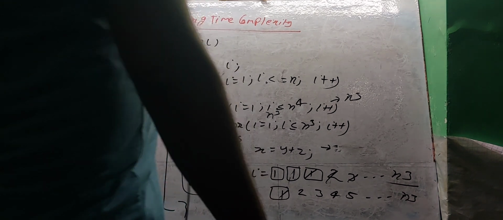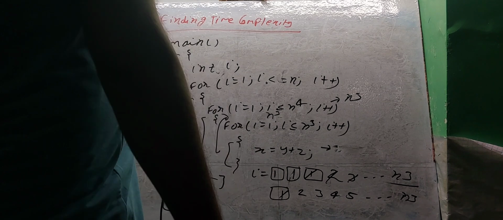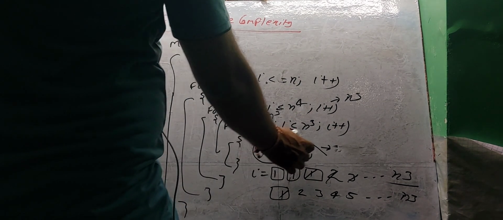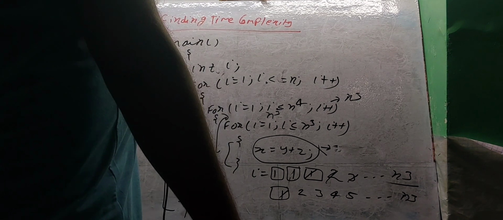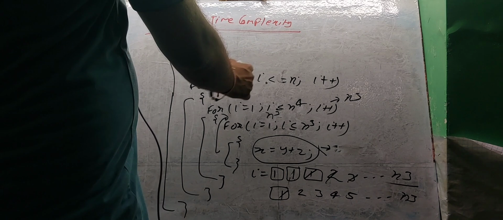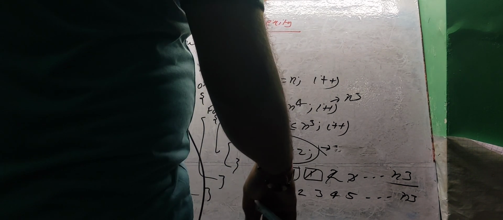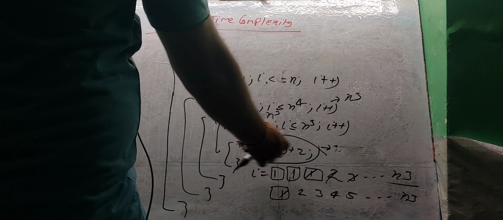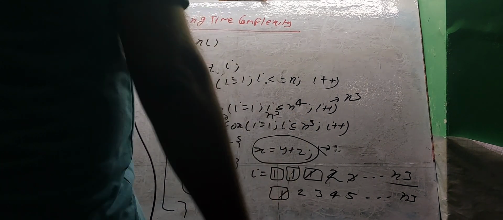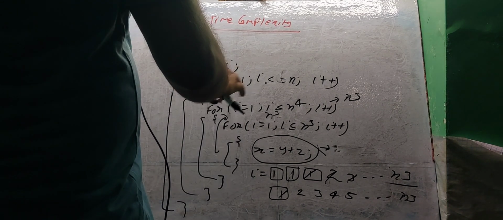And there are some more algorithm properties. It should produce at least one output. Yes, it is producing some output. It should take 0 or more inputs. Yes, it is taking some input, that I equal to 1, every time it is taking some value. It should be deterministic. Actually we can't say anything, because here x, y, z are not defined, so saying anything about determinism is not possible here.